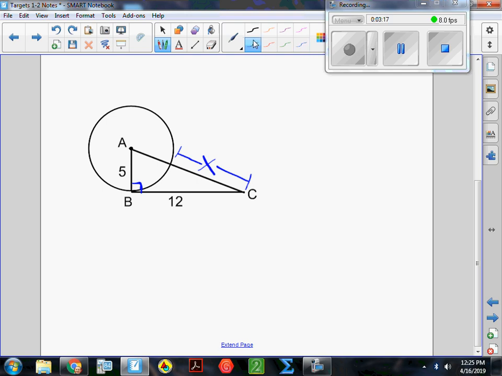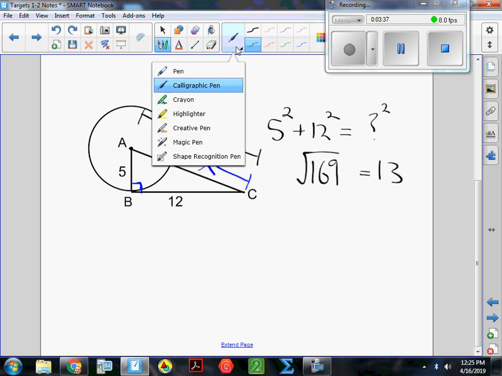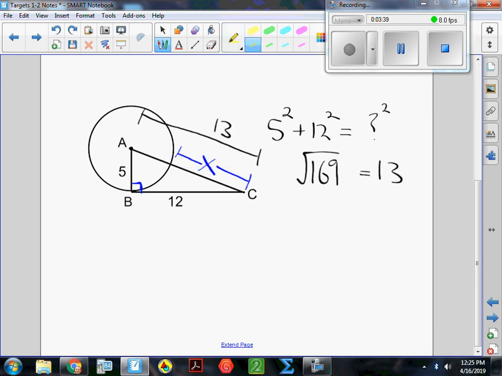Well, I could do the Pythagorean theorem because I know that the radius squared plus the tangent squared is going to equal the hypotenuse squared. And so when I get to 169 and I take the square root, I'll get 13. So I know the entire thing is 13. The question is still, how do I find x? One of the things that you need to start to look for is the fact that a radius is going to show up in more than one spot.